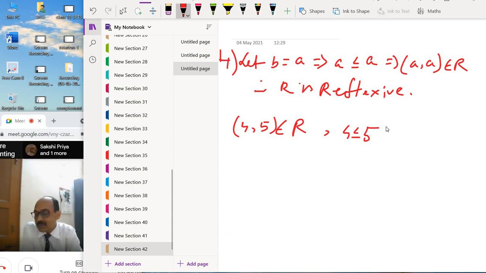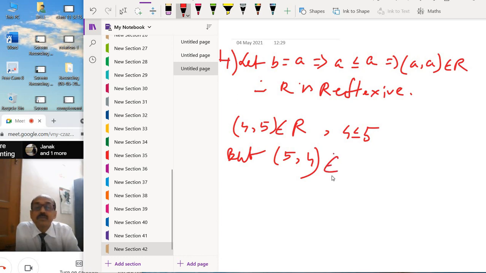But (5, 4) does not belong to R, because 5 less than or equal to 4 is not true.